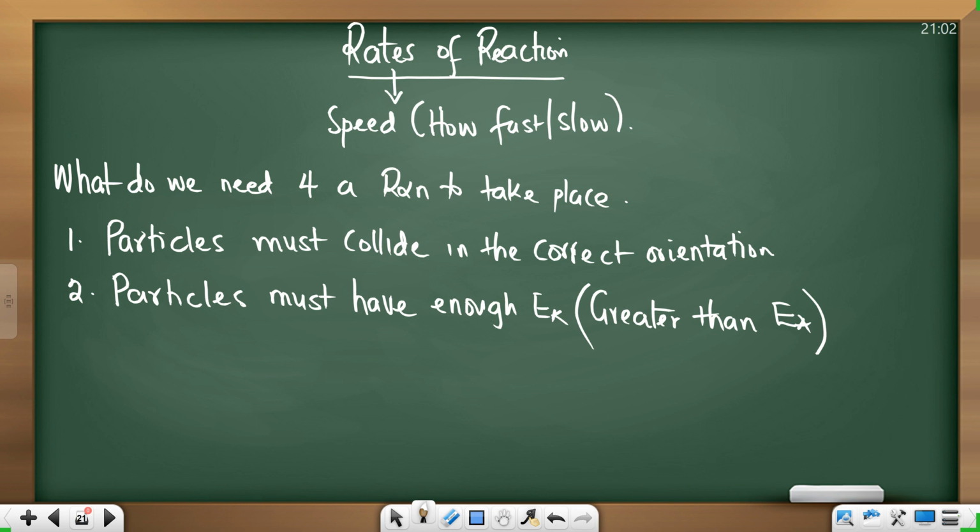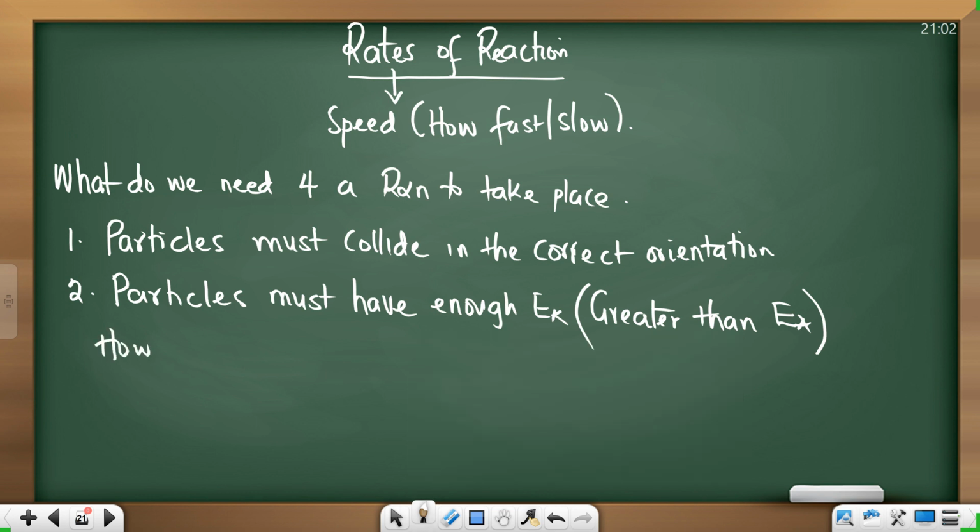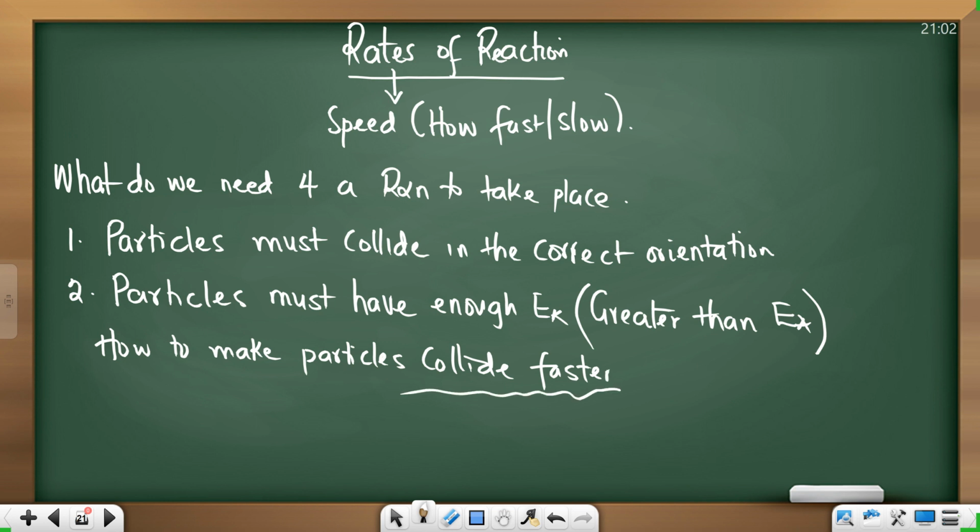So everything we do here, guys, will be about how to make these particles collide faster. This is what people call factors that affect rate of reaction. This is the simple thing we're discussing.